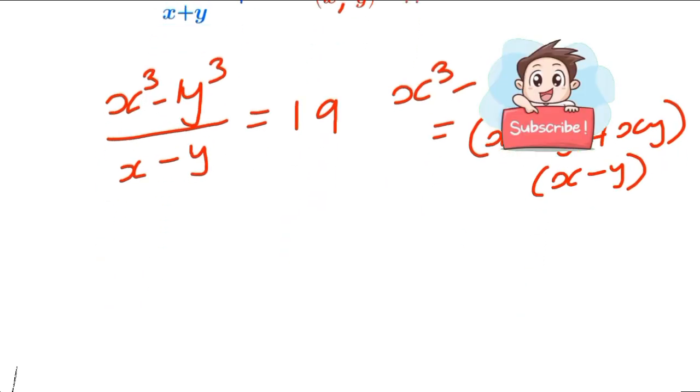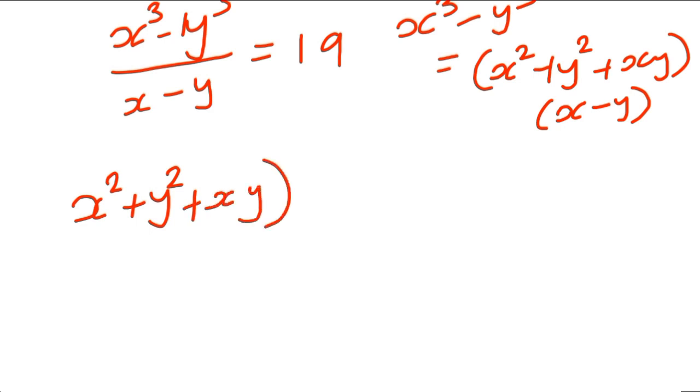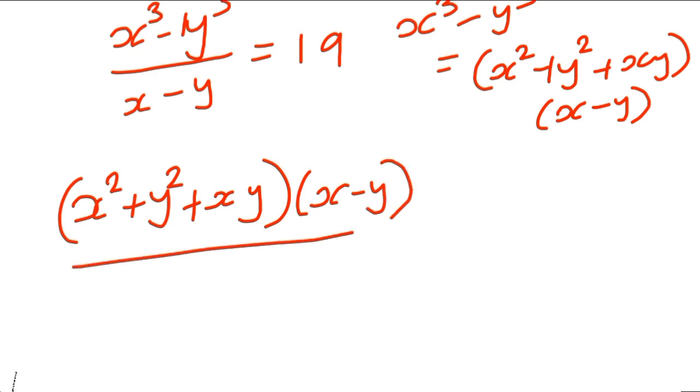When we bring that back into our new equation, we have (x squared plus y squared plus xy) multiplied by (x minus y) all over (x minus y) is equal to 19.